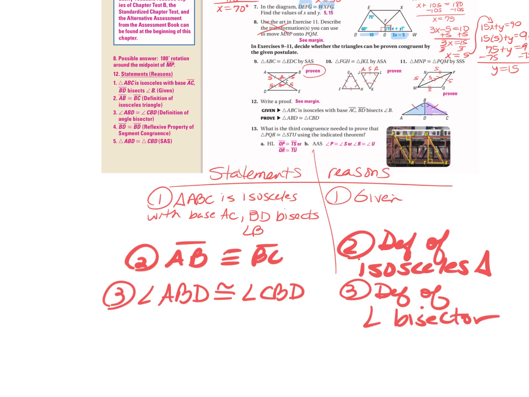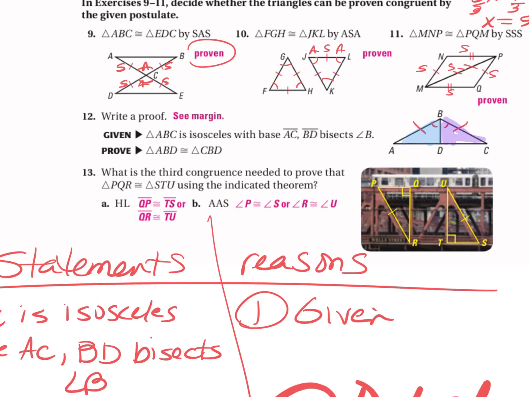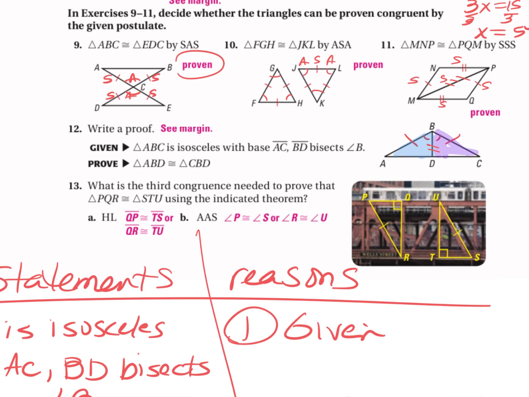Then the next thing I can add in is my reflexive side, this BD. And now I have enough to prove it's congruent by side, angle, side. Because I got a side, an angle, and a side. So this side and this side match, the two angles here, and then the reflexive side.